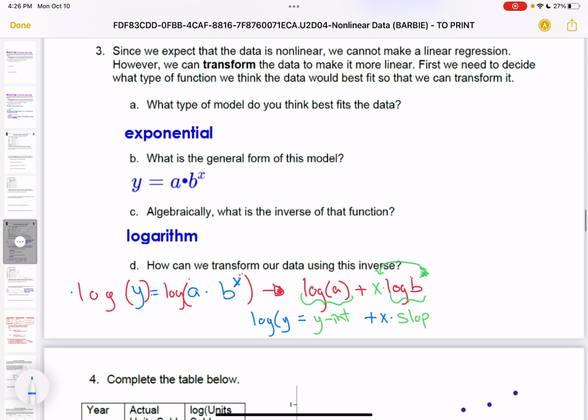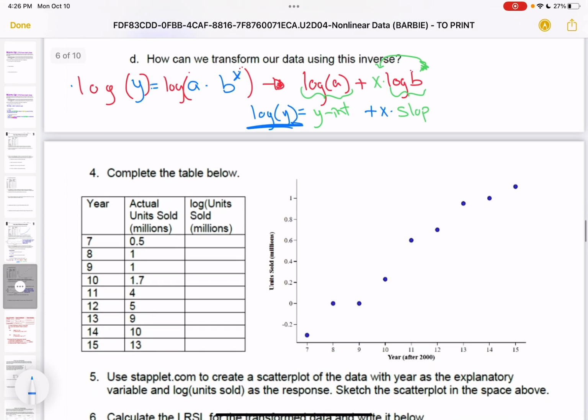So with number 4, what we needed to do is essentially we're asking you to take the log of your y values. So that's what I'm about to do right here, is I'm going to take the log of 0.5 and say, what is that value? So if we take the log of 0.5, you end up with negative 0.301. Take the log of 1, and you end up with 0, 0 again.